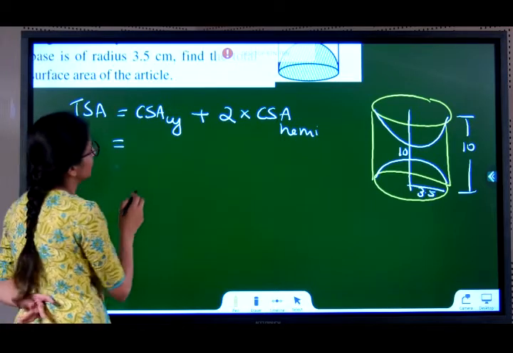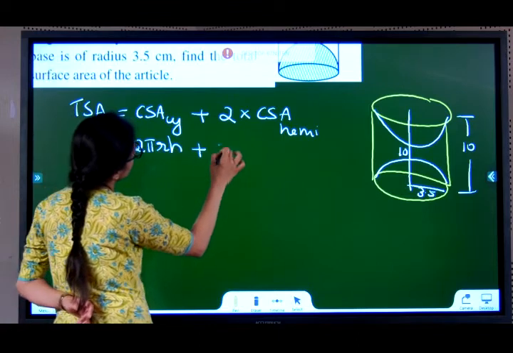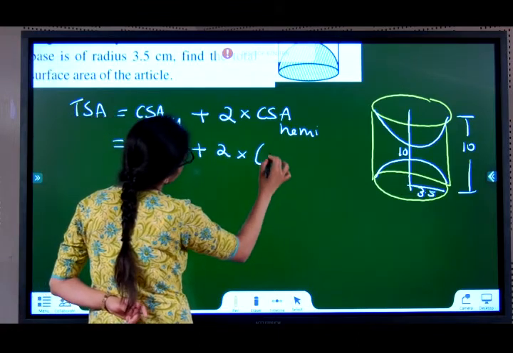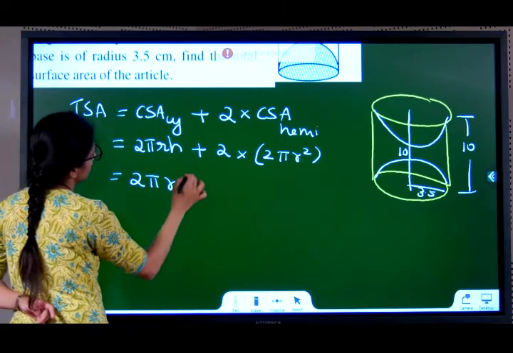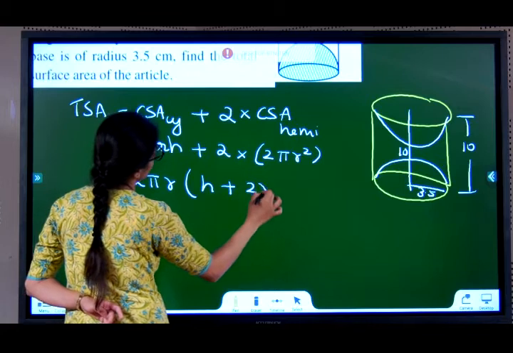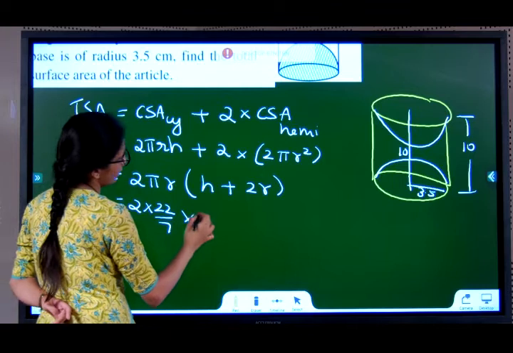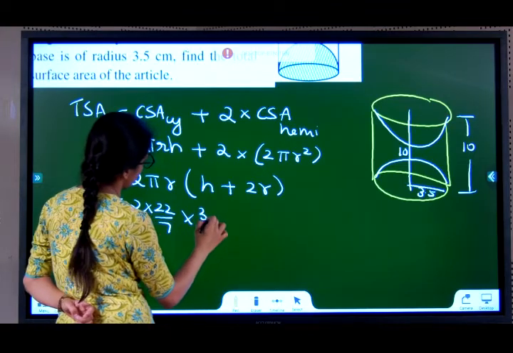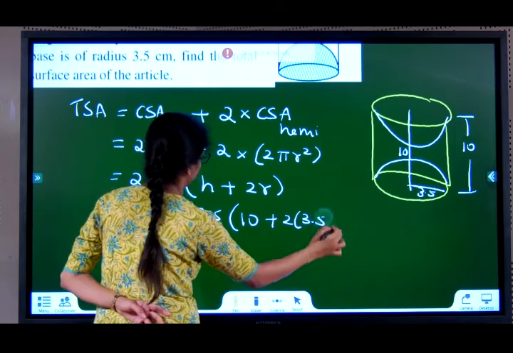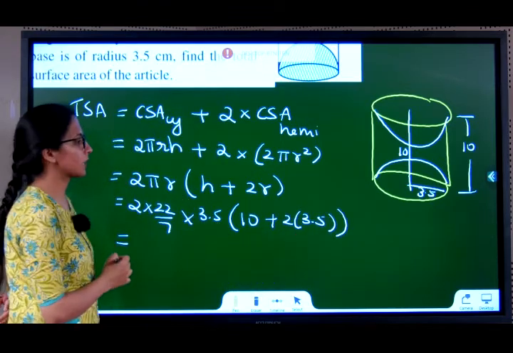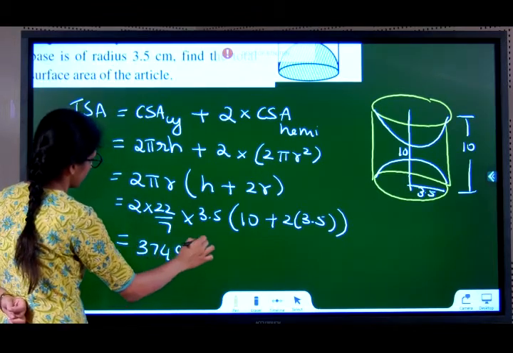CSA of cylinder 2 pi RH plus 2 into CSA of hemisphere 2 pi R square. Take 2 pi R common, you're left with H plus 2R. 2 into 22 by 7 into R 3.5, H 10 plus 2 into 3.5. On solving this, we get 374 centimeter square.